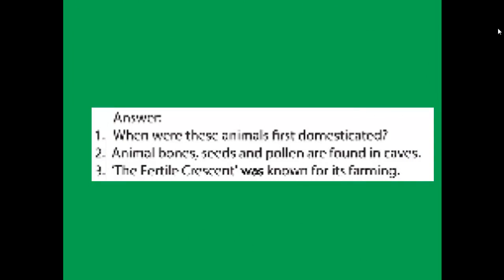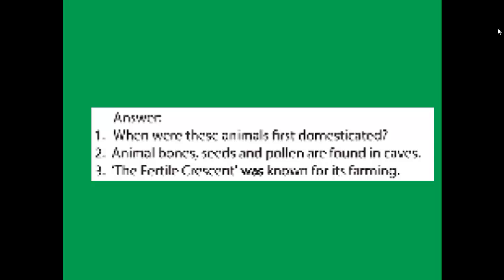Number 1. When were these animals first domesticated? Number 2. Animal bones, seeds, and pollen are found in caves. Or we can say, in the past we can say were found, the same.